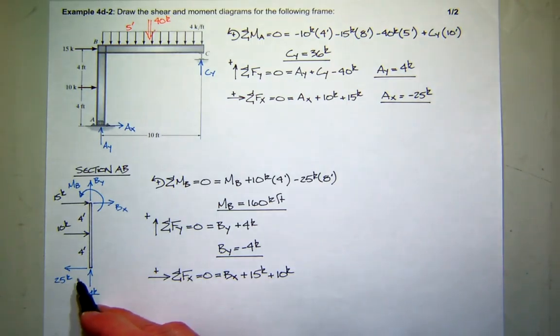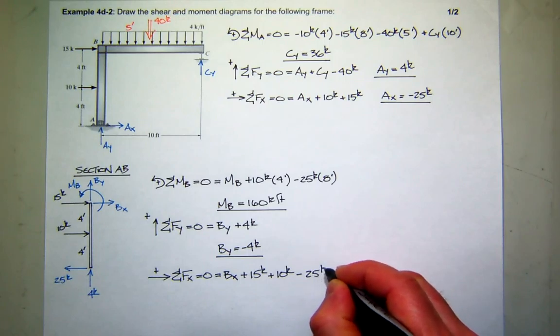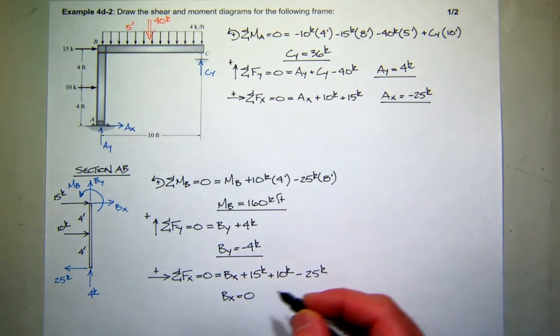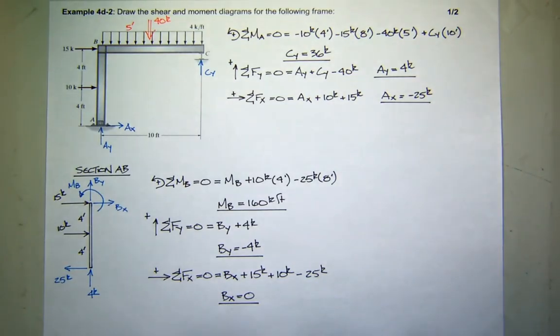And then my reaction here at A, which is negative. So what's BX? Wow, getting a lot of these. Okay. So about half the statics is normal.